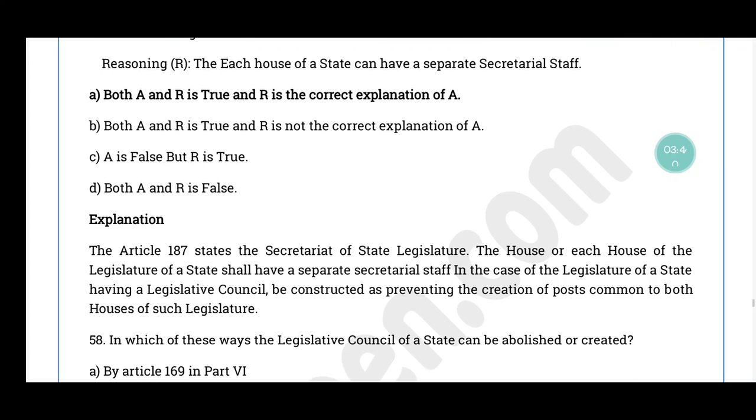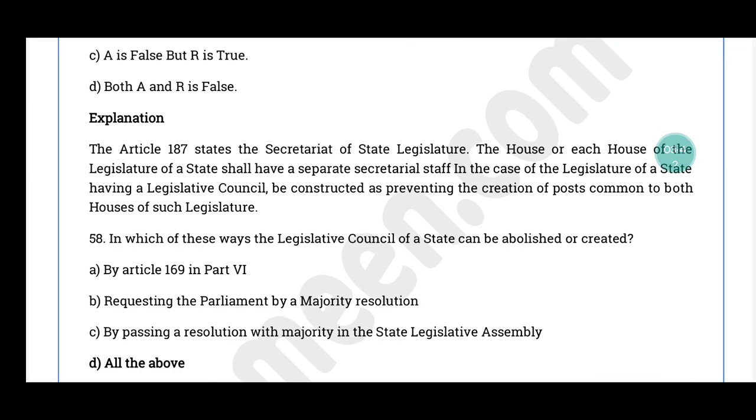Article 187 of Indian constitution padi there will be a secretariat for the state legislature. The house illana in each of the houses இருக்கிற அந்த ஸ்டேட்டில் they will have a separate secretarial staff. Suppose in case of a legislature of a state having ஒரு legislative council இருந்ததுன்னா this prevents the creation of common posts to both houses of such legislature.